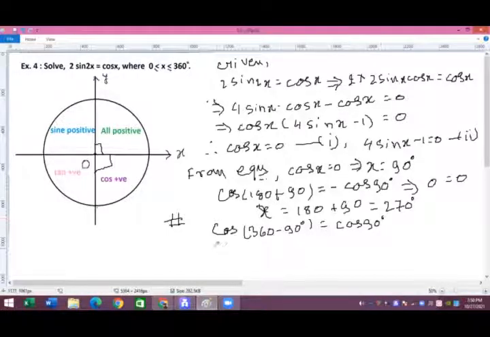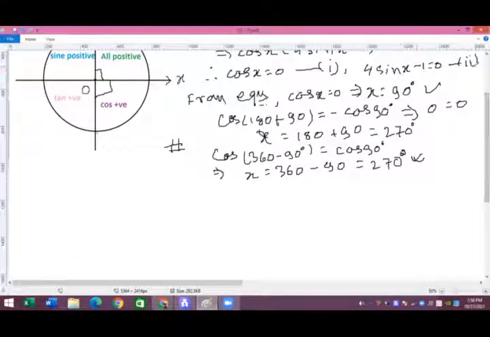So your possible value of x is 360 degrees minus 90 degrees, which is 270 degrees. So did we work out all the values of x for which cos x is 0? Yes. One value is 90 degrees and another value is 270 degrees.